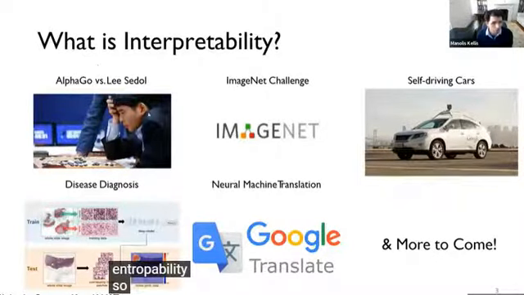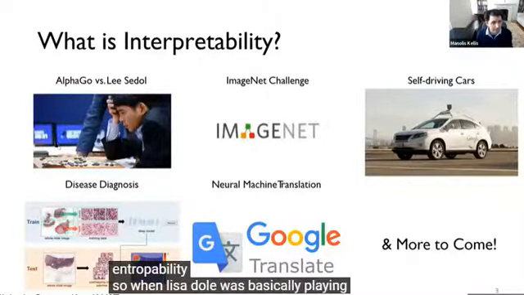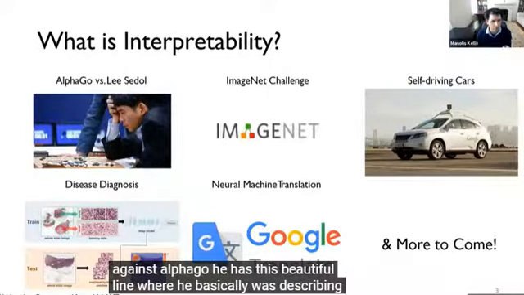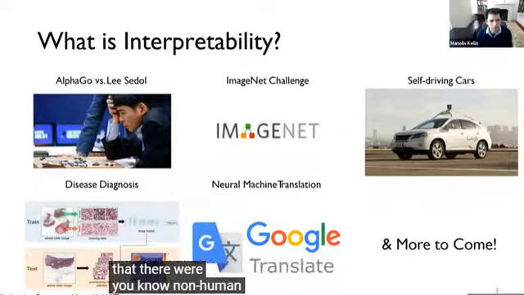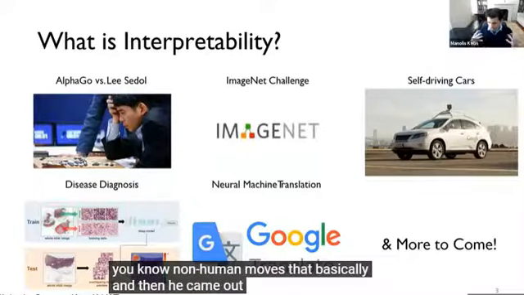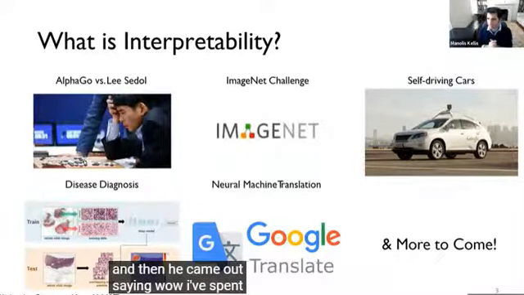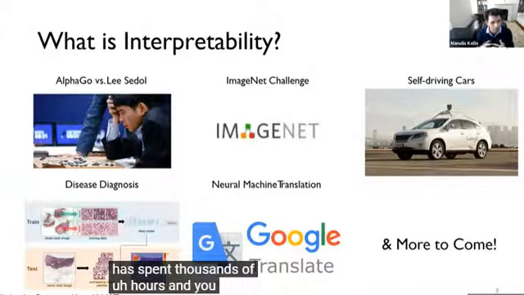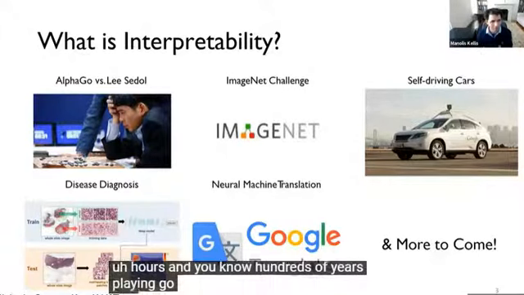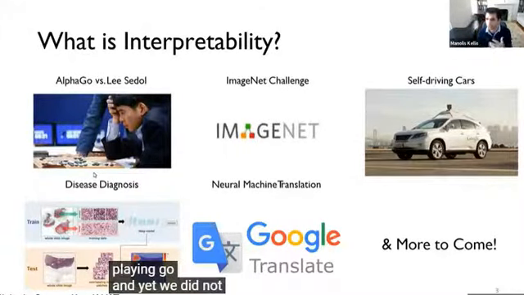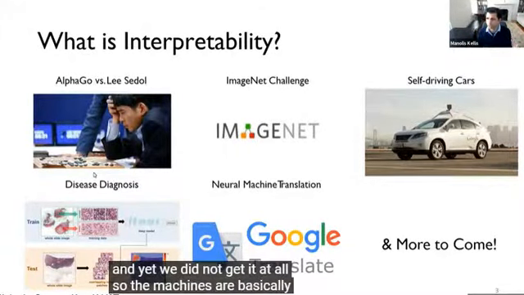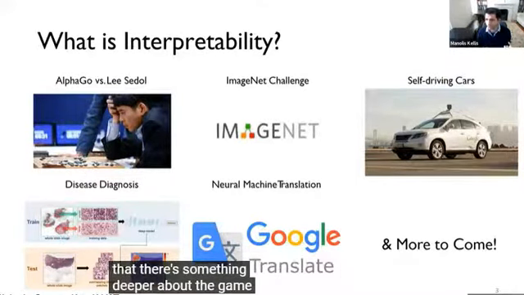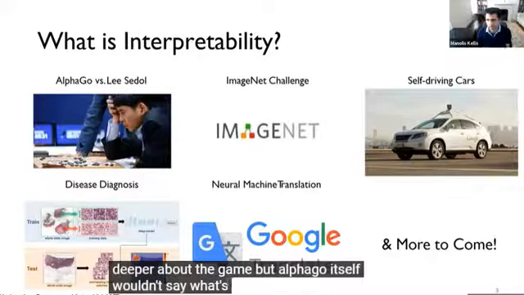When Lee Sedol was playing against AlphaGo, he has this beautiful line where he was describing that there were non-human moves, and then he came out saying, wow, humanity has spent thousands of hours and hundreds of years playing Go, and yet we did not get it at all. So the machines are telling us that there's something deeper about the game, but AlphaGo itself wouldn't say what's deeper about the game.